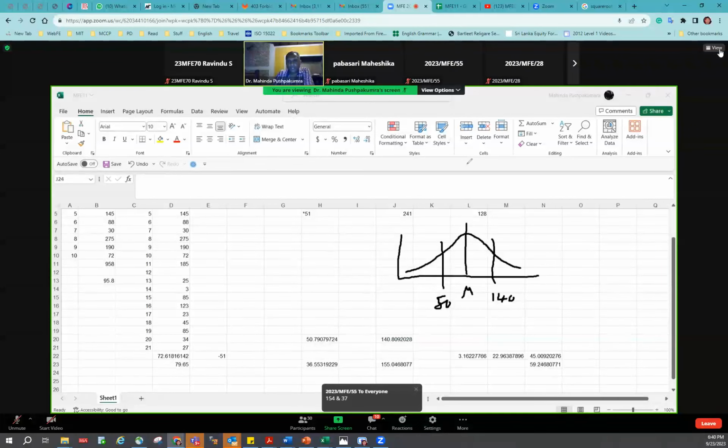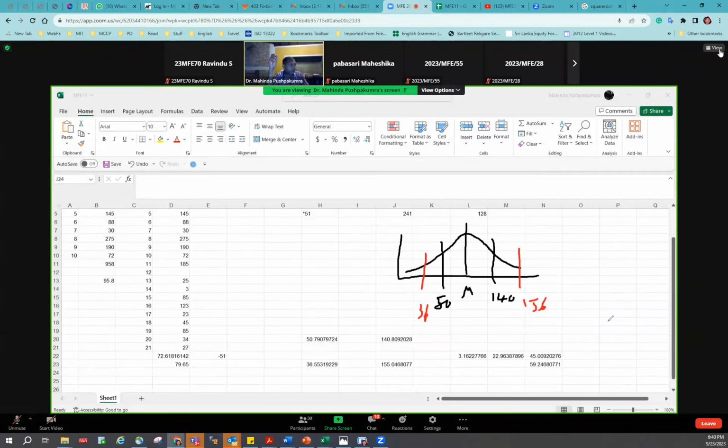If you use 99%, your range is 36 to 156. Then you can see that with the increase of confidence level, the range of the confidence interval will increase.